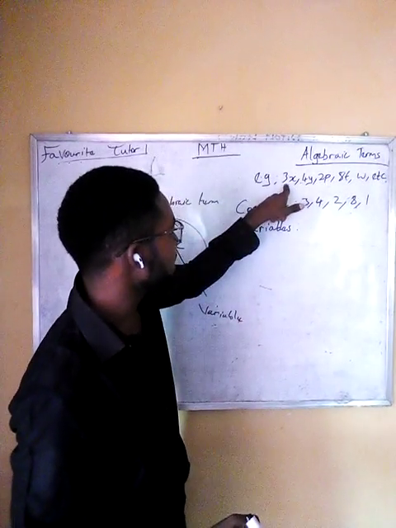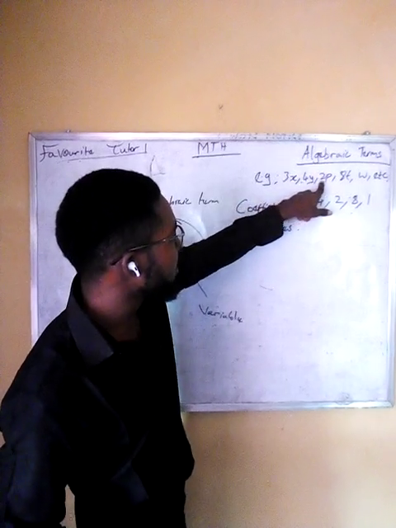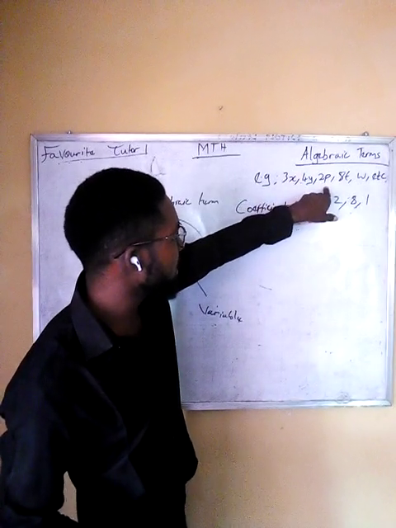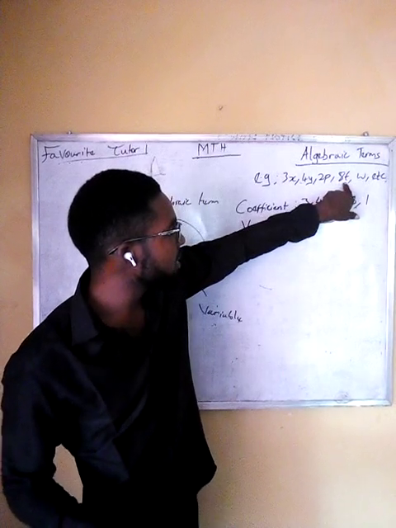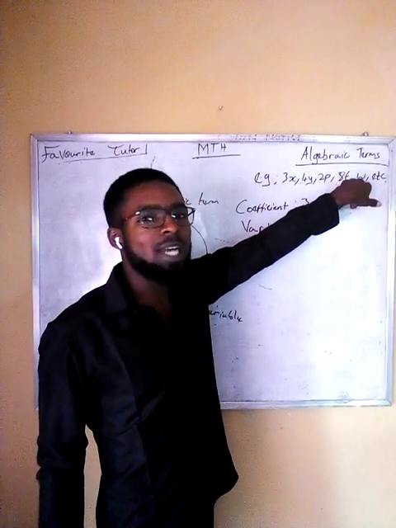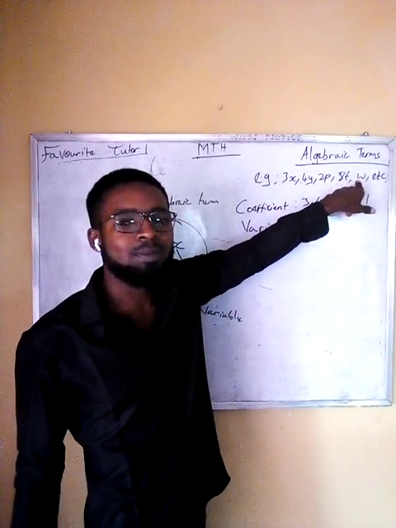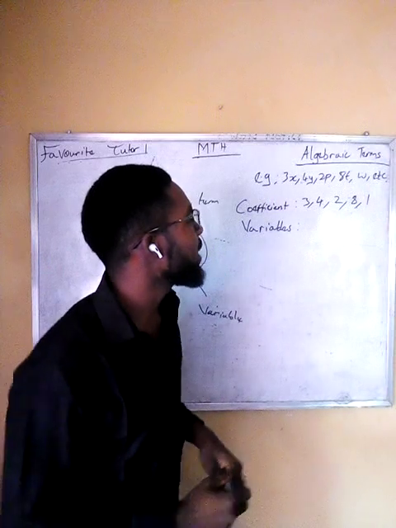So 3 is multiplying x, 4 is multiplying y, 2 is multiplying p, 8 is multiplying t, while right here 1 is multiplying w, because 1 times w is also w. Are we good to go? We are good to go.